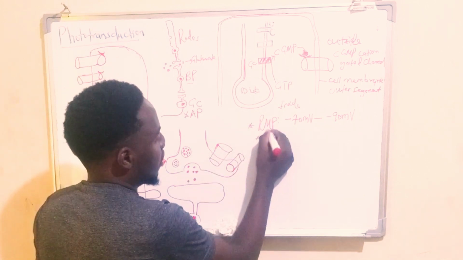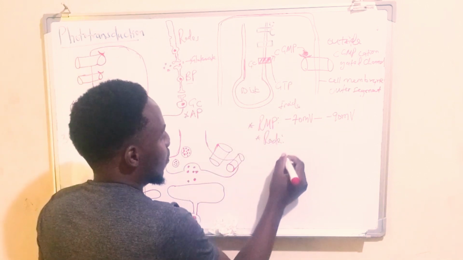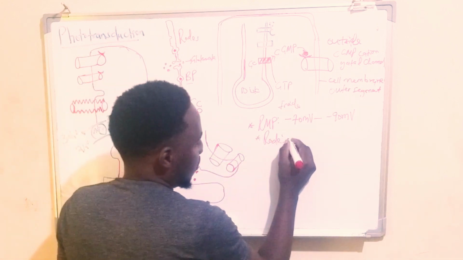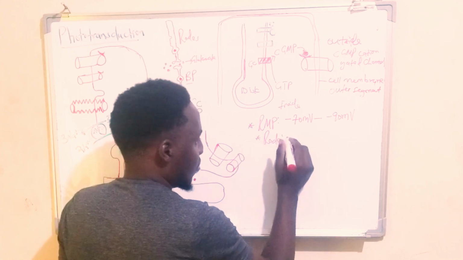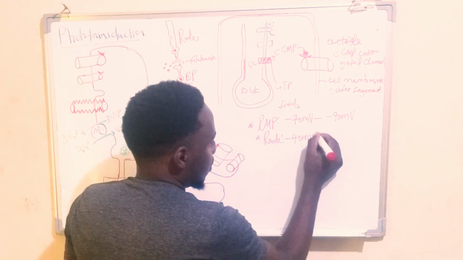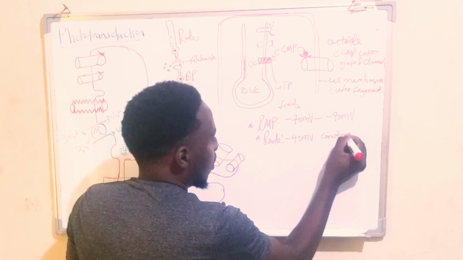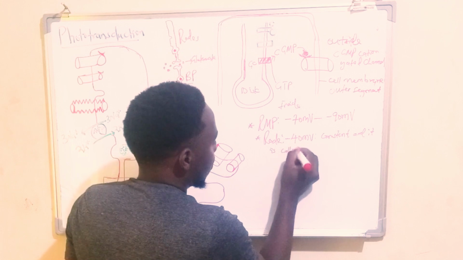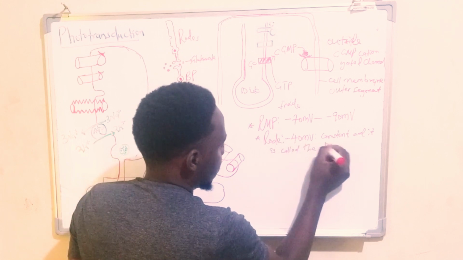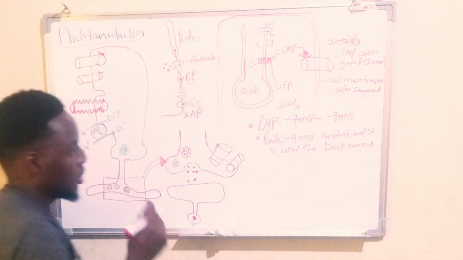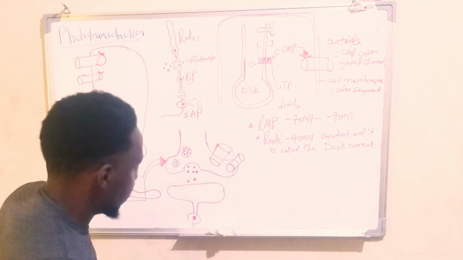These photoreceptors, in this case we're talking about the rod, during the dark state are in a depolarized state, and the membrane potential is about negative 40 millivolts. This is constant, and it is called the dark current. Now let's see how this comes about.